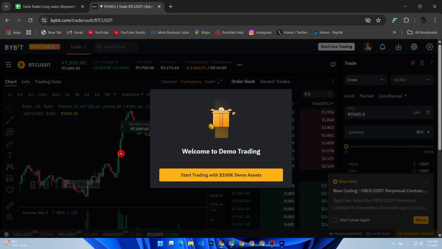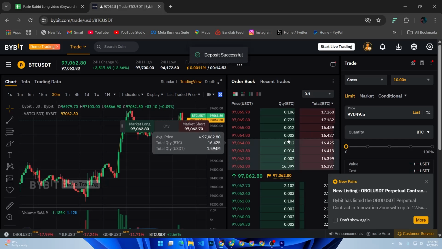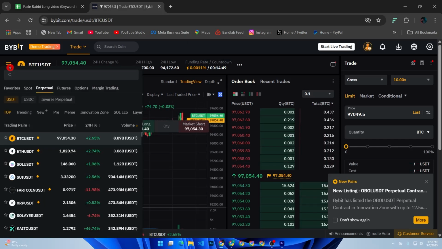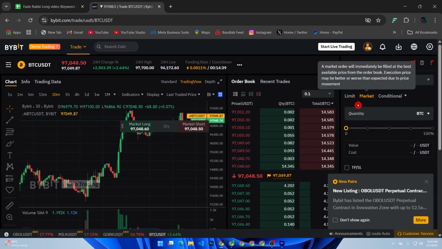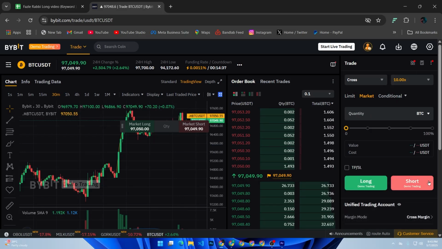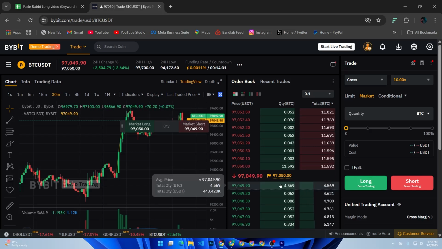Let's place a trade. Select your pair like BTC and USDT. From here, choose order type like market, instant at current price, limit only triggers at your set price.